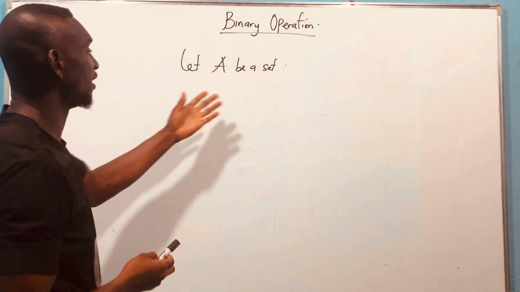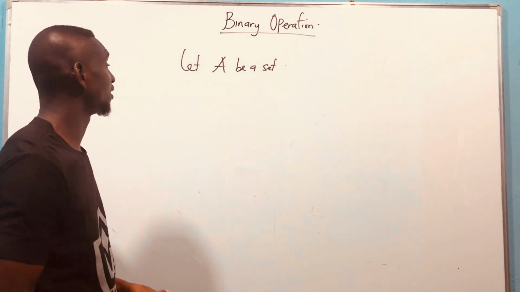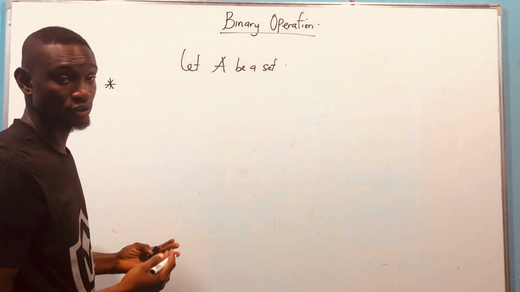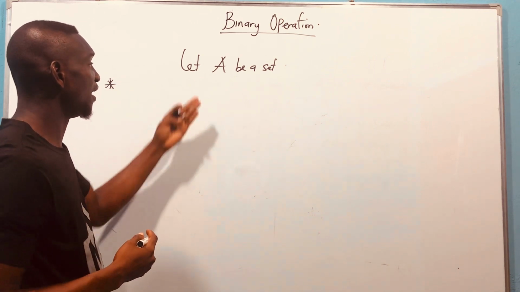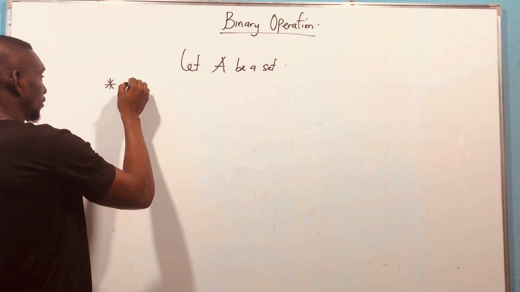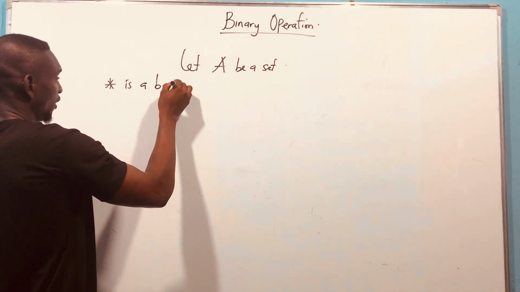Let A be an arbitrary set, and if this is an operation, it is said to be a binary operation on A.